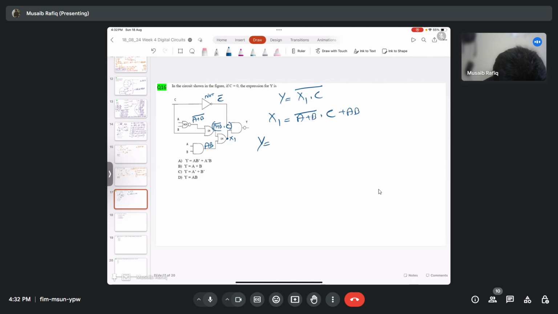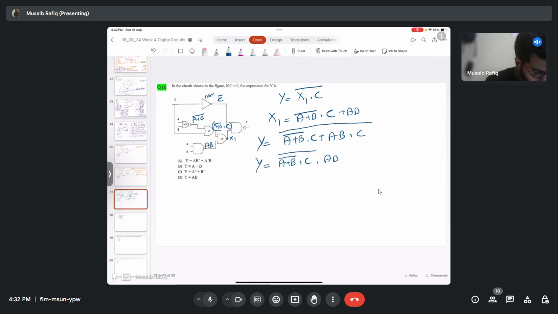So my y will be equal to ((A plus B) whole bar dot C plus AB) dot C whole bar.